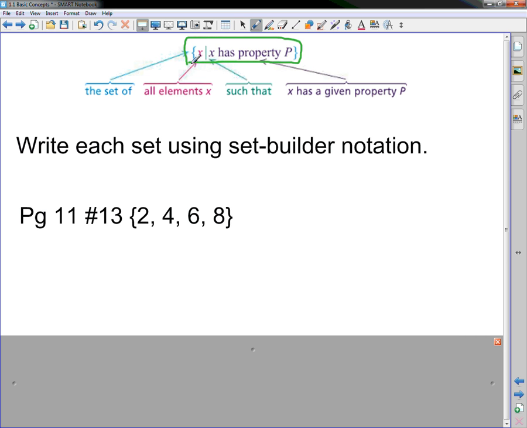We have the set braces, we have x such that x has the property, and this back part is where we're going to talk about what we have. So let's look at our first one. We can get our set braces set up. We have x such that x. Now we want to talk about the numbers we have.